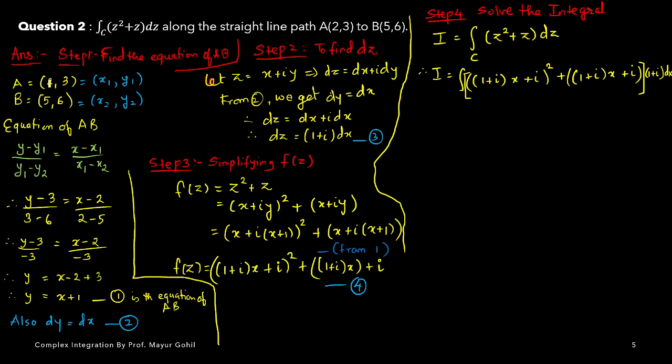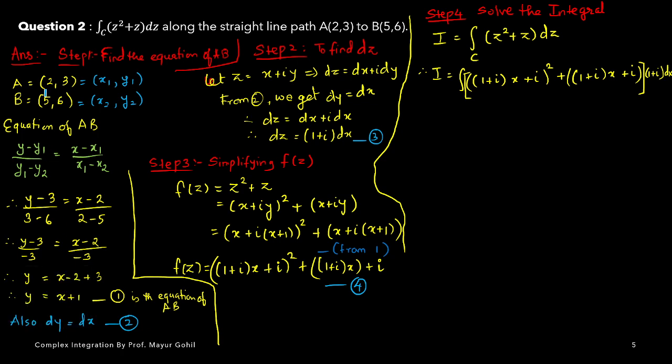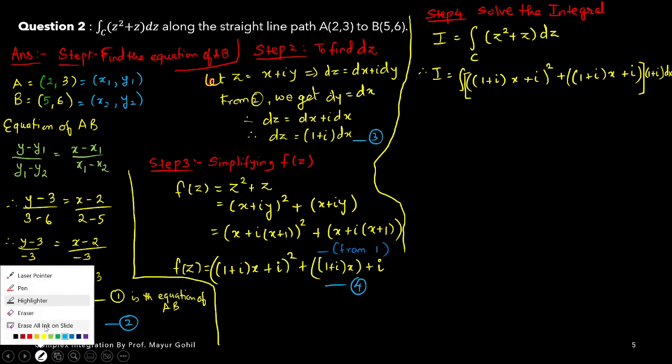So this 2 is the lower limit, and here B has 5 as the x coordinate, so we take that as the upper limit.